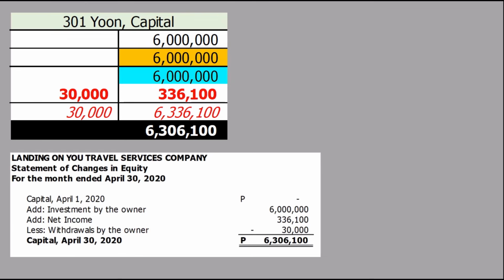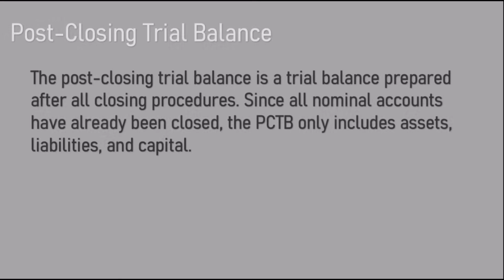So your capital account at the end of the accounting process after the closing procedures should be equal to how you did it in the statement of changes in equity. So your T account of capital should be equal to what your financial statements tell you. Only then can you say that you did your accounting process correctly as far as the closing process is concerned.